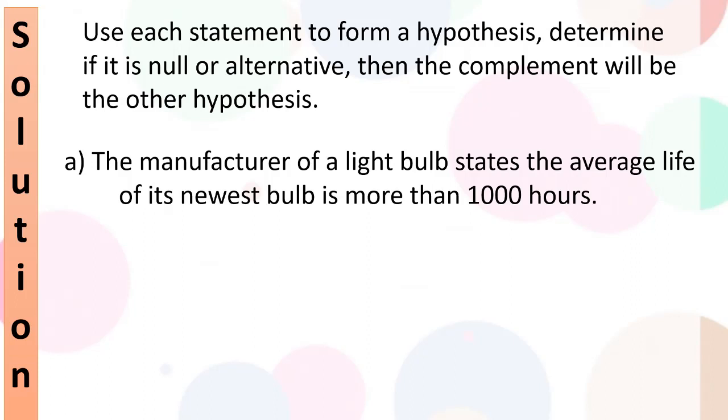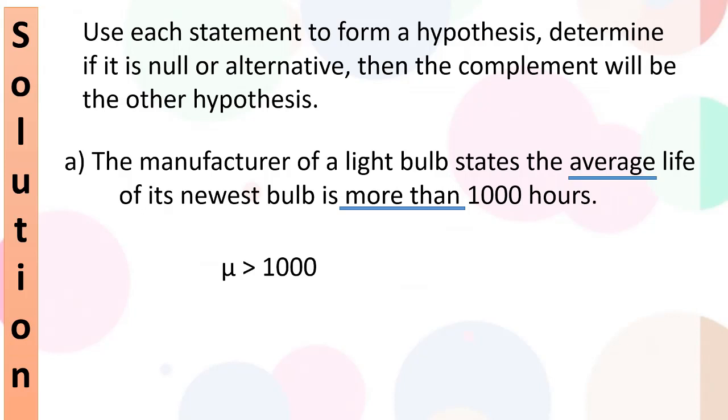So if the average is more than 1,000, how would we write that mathematically? Well, that would be mu, the average, right? We're talking about the population average here. Mu is greater than 1,000. So that would be one of the two hypotheses. The question is, which one?